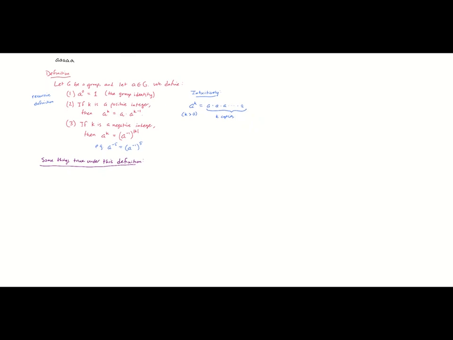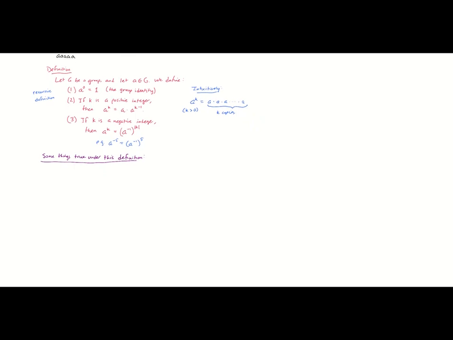There we go. So here are some things that I can say. First of all, if A is in G and m and n are integers, then A to the m plus n is equal to A to the m times A to the n.